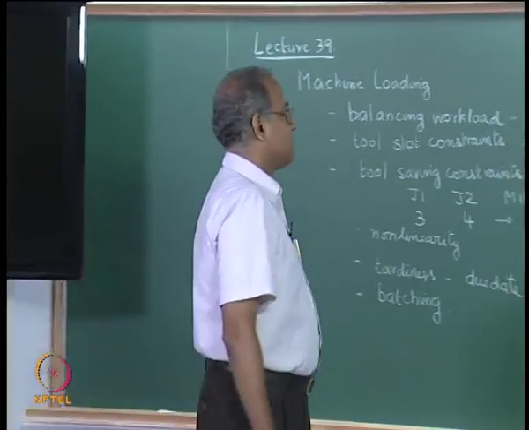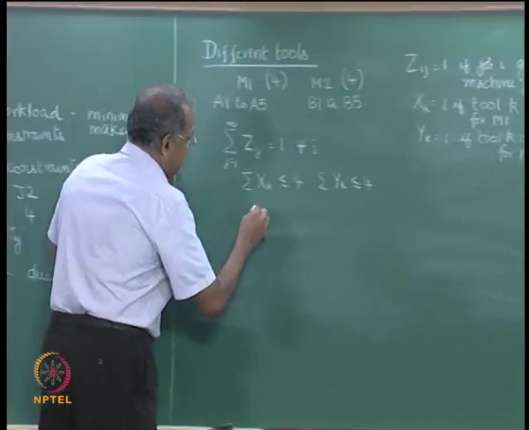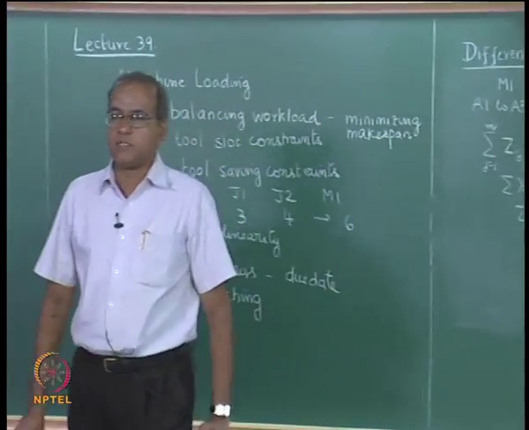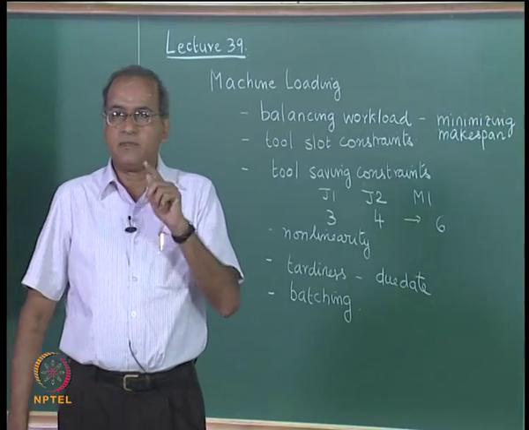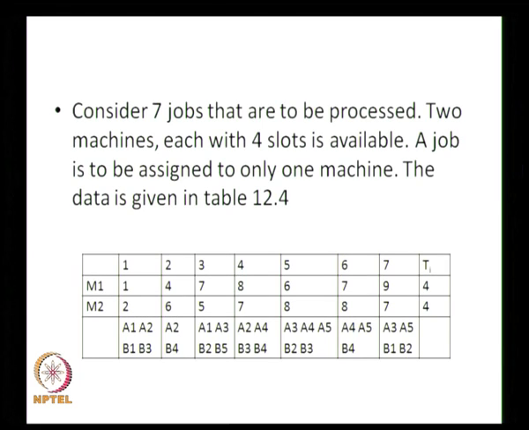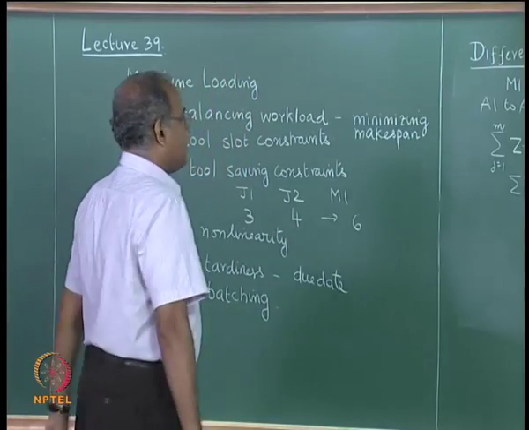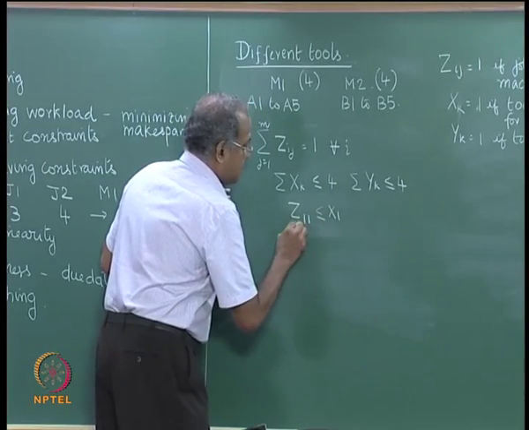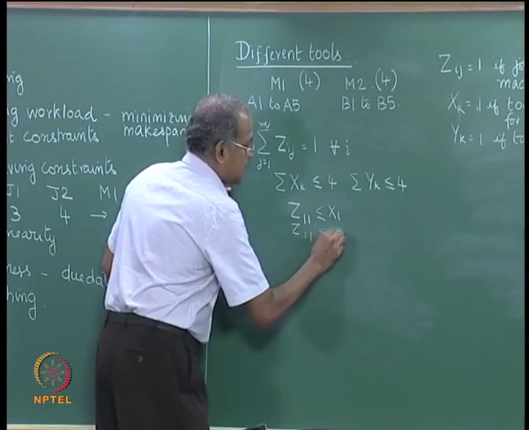Now, Z11, if job 1 is assigned to machine 1, then from this table we understand that x1 and x2 should both be there. So, Z11 should be less than or equal to x1 and Z11 should be less than or equal to x2.